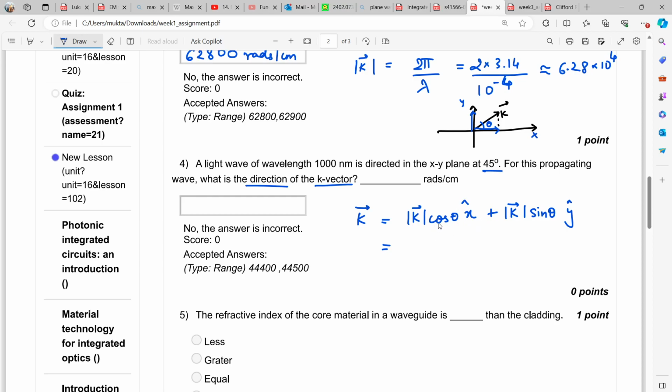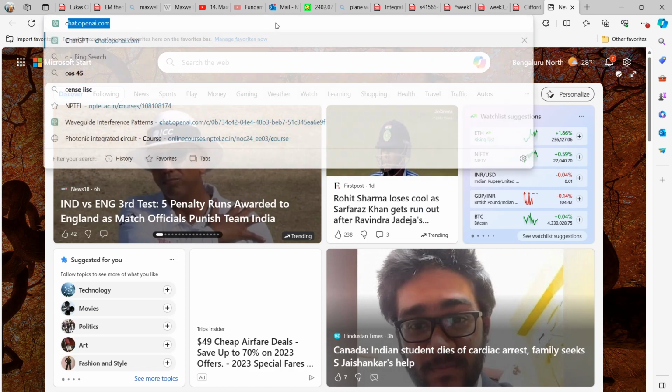So for cos 45 degrees, what is cos 45 degrees? We can just take the value from the net.